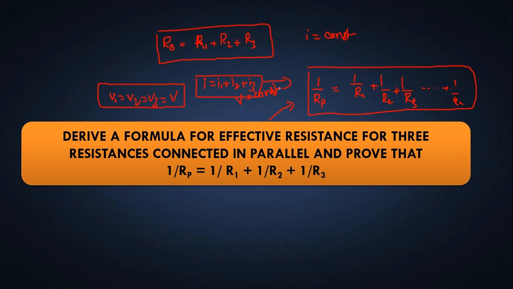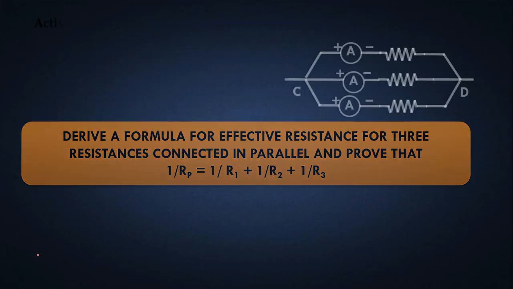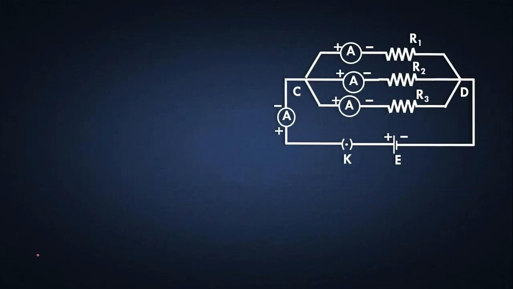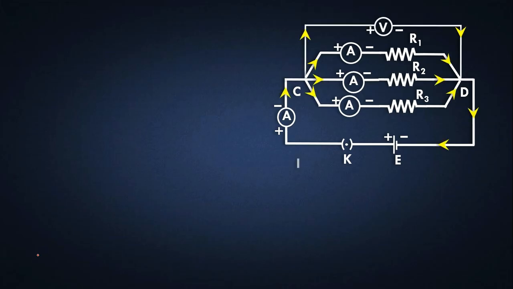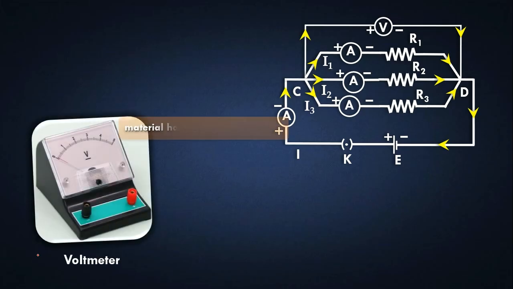According to Ohm's law, we have to follow the same steps. First, we need to draw the circuit diagram and connect a battery, ammeter, voltmeter, and so on. The current is getting divided into I1, I2, I3. We know that the voltmeter measures the voltage, which is constant here, and the ammeter measures the current, which gets divided here.